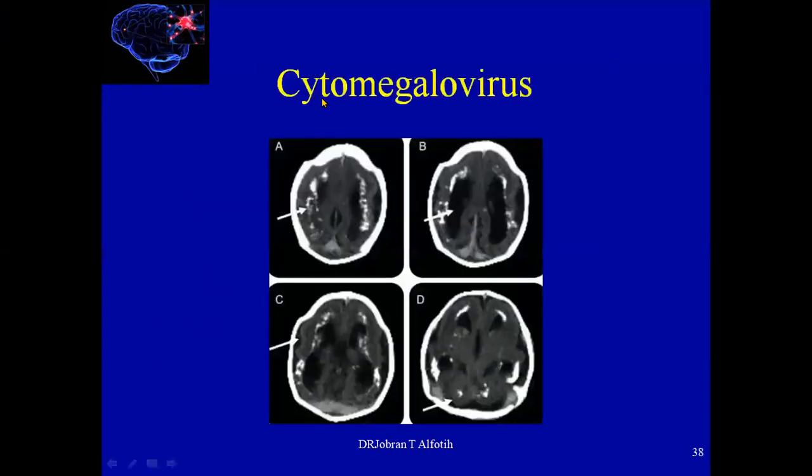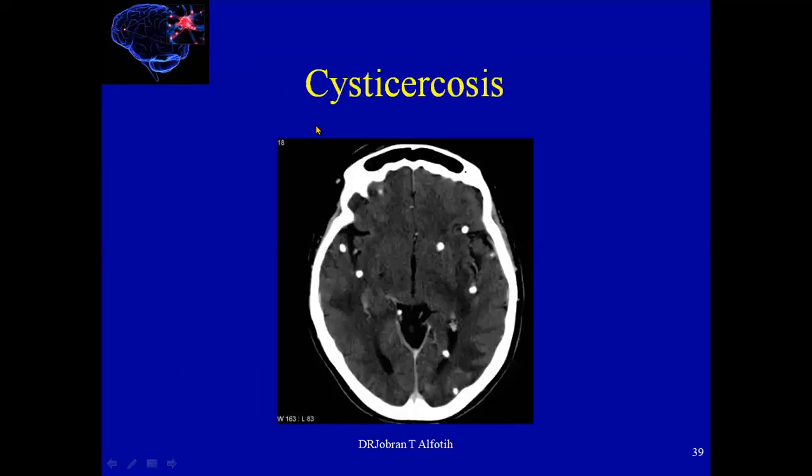So here, a cytomegalovirus infection, which has multiple calcifications around the ventricular system and another part of the brain. And we have also cysticercosis with dotted calcification around the brain.